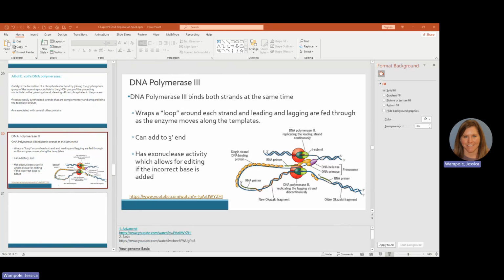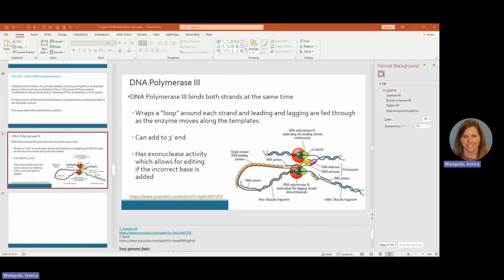So at the ends of some of our chromosomes, we have structures called telomeres. These telomeres are long sections of basically gibberish DNA. They are repeating sequences that are there so that when this region gets degraded, because the primer was there, you don't actually lose any important information.